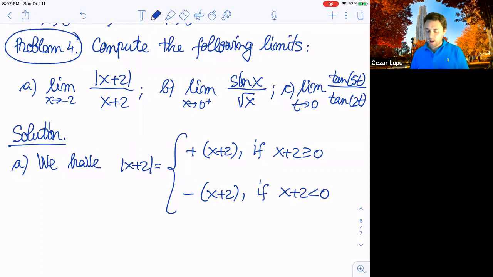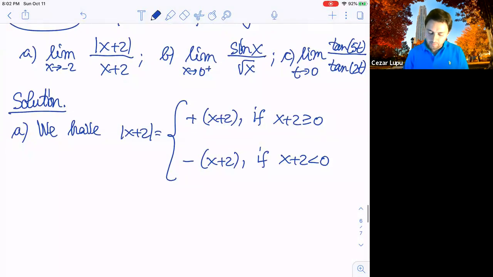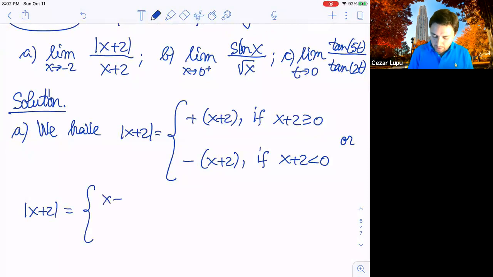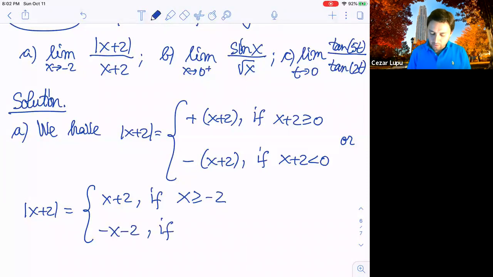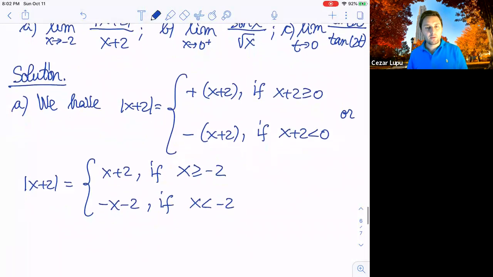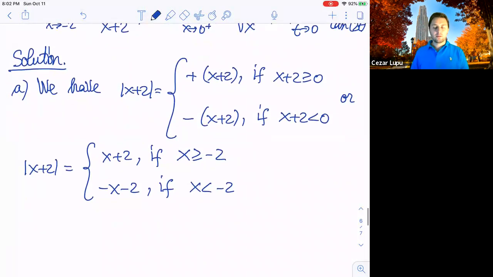And now let's rewrite this a bit. Equivalently, we can say that the absolute value of x plus 2 will be equal to x plus 2 if x is greater than or equal to -2, and negative x minus 2 if x is strictly less than -2. So this is how we can write the absolute value of x plus 2.